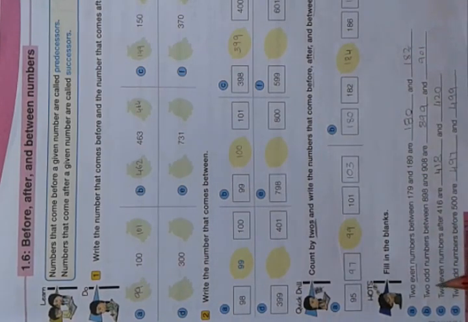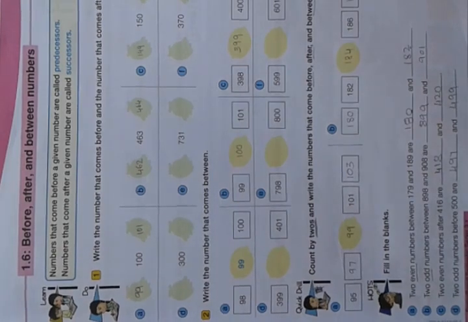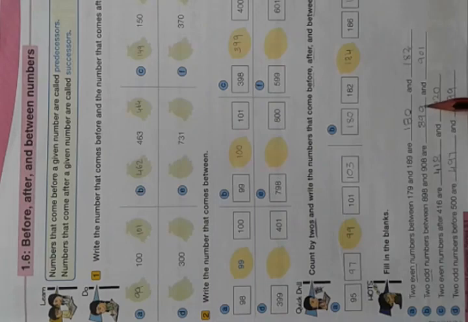Now 2 odd numbers. Odd numbers are 1, 3, 5, 7, 9. These are all odd numbers. Okay. 2 odd numbers between 898 and 902. So see here, in the ones place it is 9 here.